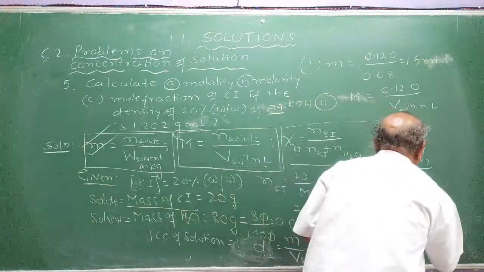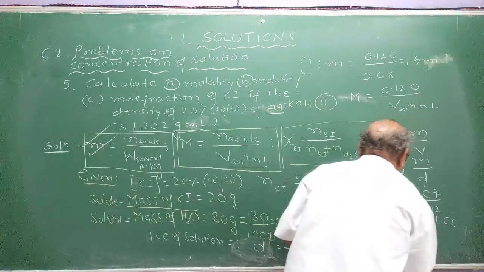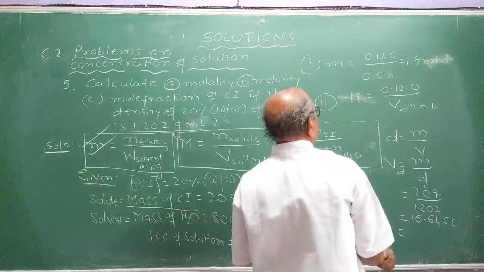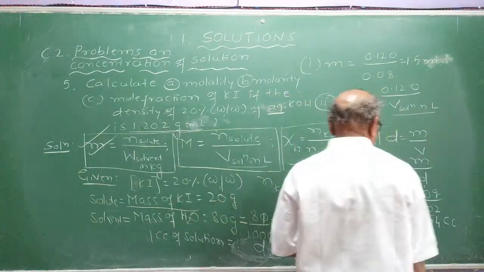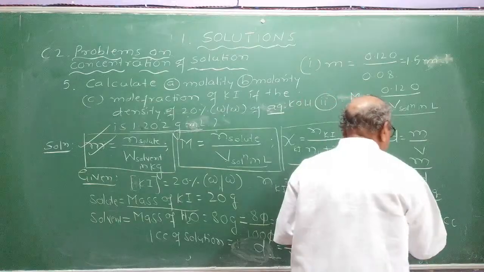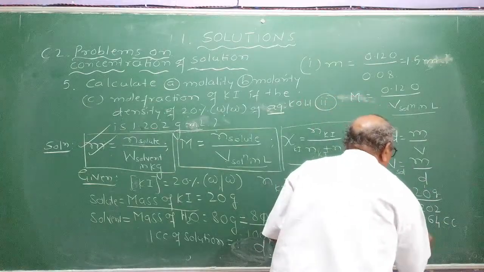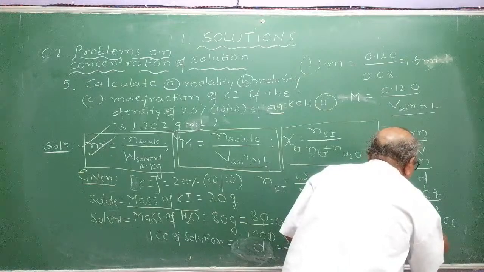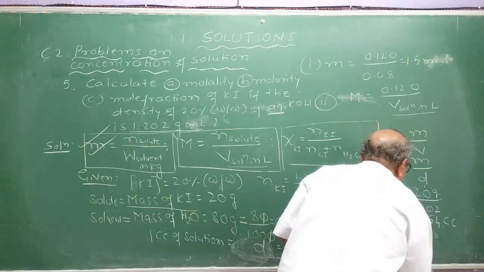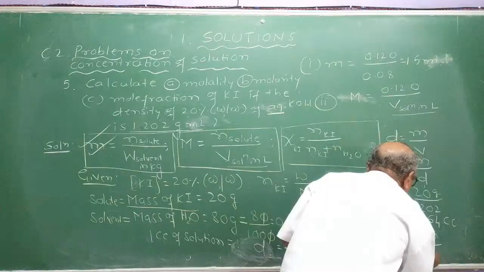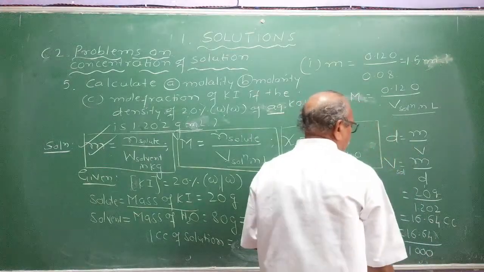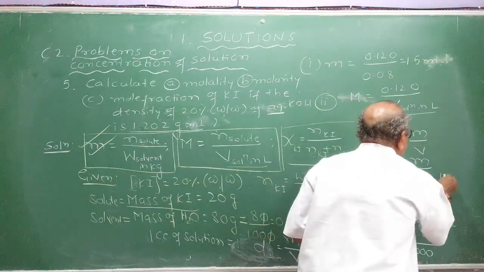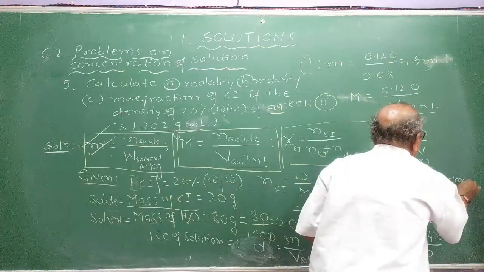These many cc, but you have to convert it to the volume of the solution in liter. Clear? Cc should be converted into liter because 1 liter is equal to 1000 cc.